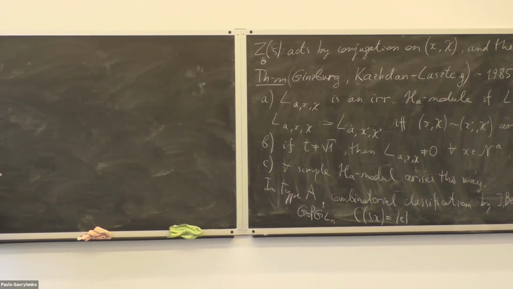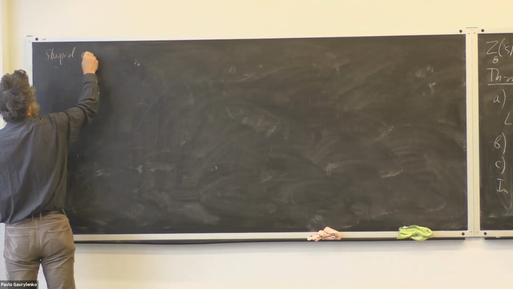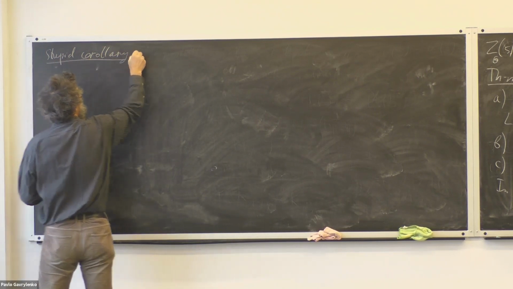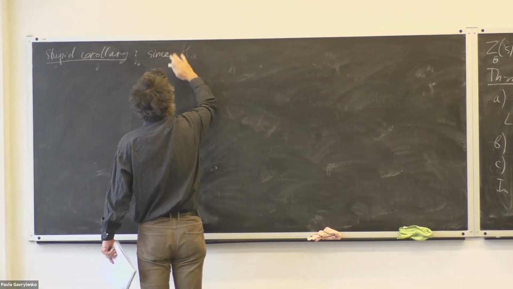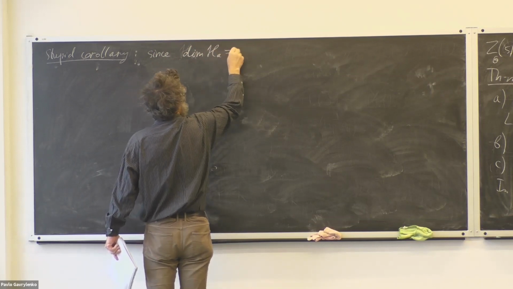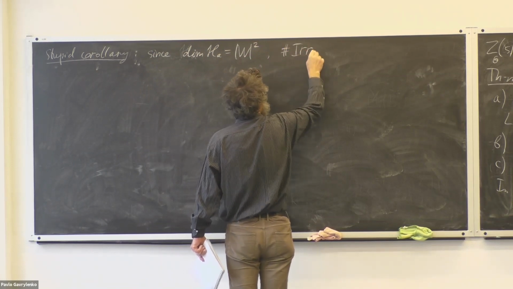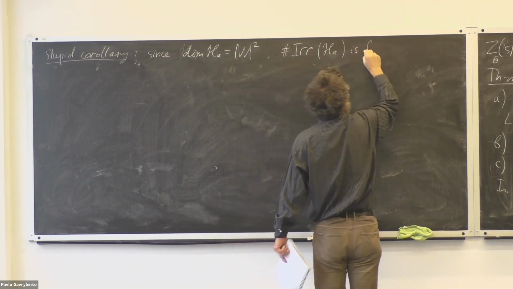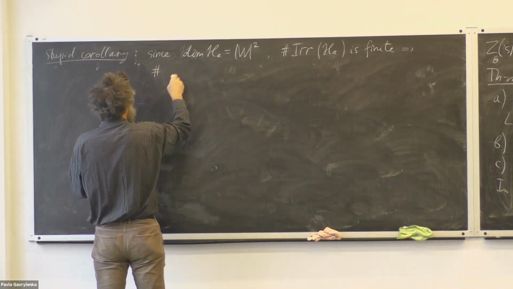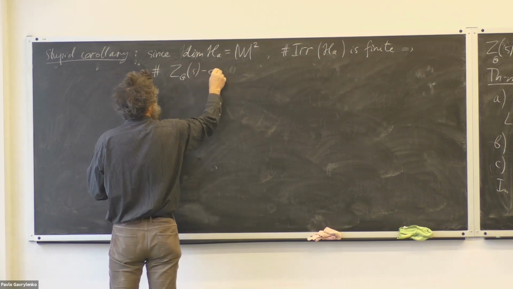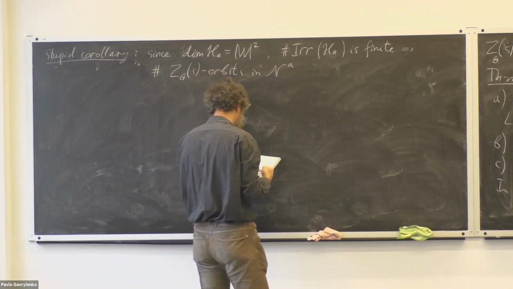Okay. So one stupid corollary. Since HA is a finite dimensional algebra, the number of irreducible representations of HA is finite, and hence the number of centralizer of S orbits in the nilpotent cone fixed points is finite.